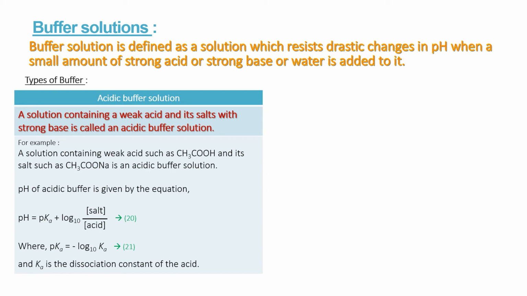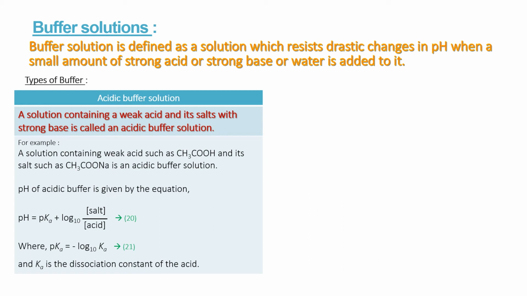Here pKa is negative log to the base 10 of Ka, and Ka is the dissociation constant of the acid. For an acidic buffer solution we take a weak acid, acetic acid, and its salt with a strong base, sodium acetate.